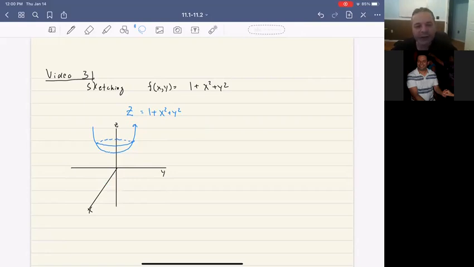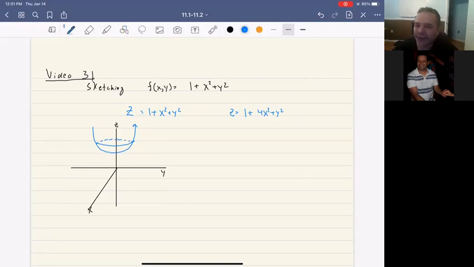That's better. Okay, so now, let's compare that with one that's very similar. Let's take z equals 1 plus, let's say, 4x squared plus y squared. Okay, and that's almost the same sort of thing. It's just this 4 is going to either stretch it or compress it. Let's see.